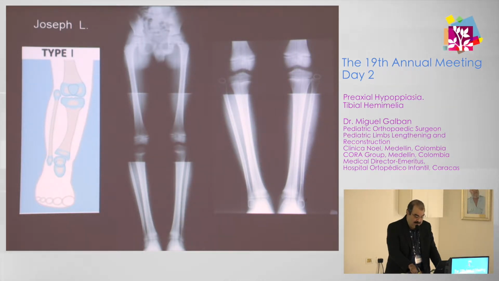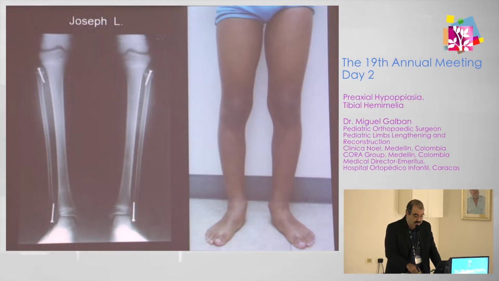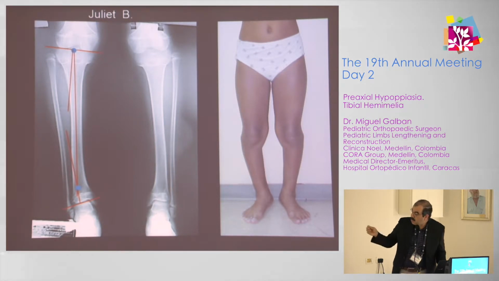Years ago, I had this case, and what I did was a physiodesis of the fibula, and it works. The patient got an external tibial torsion, but was fine. And this is another case of type 1, but the deformity was bigger: an external tibial torsion and a varus too.